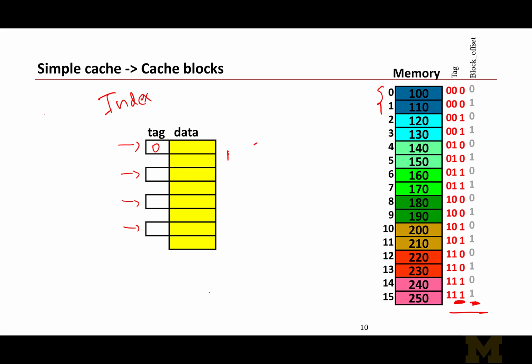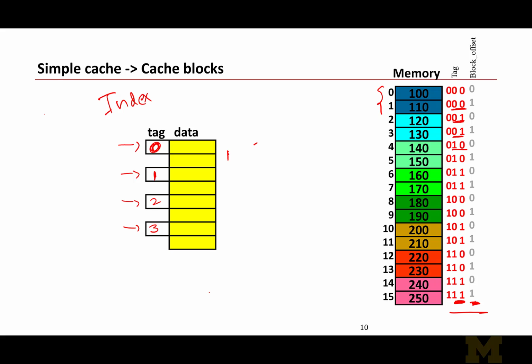Right? So as an example, let's say for the first cache block, the array index would be 0. So I would be forced to store it in the first cache line. For the next cache block, the index is 1. So I would be forced to store it in the second cache line. Similarly, the third one will be stored here, the next one will be stored here.